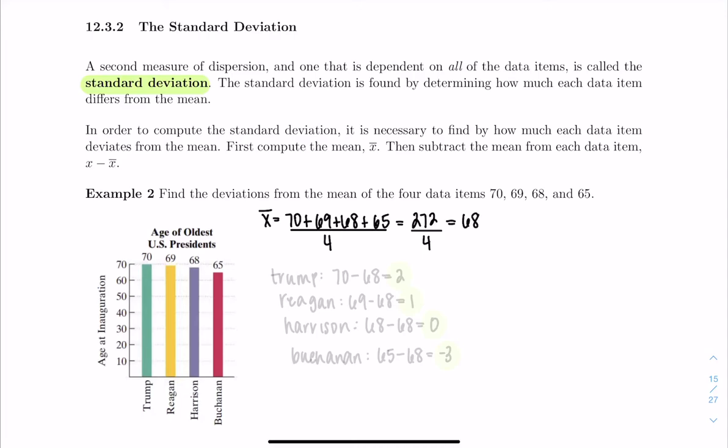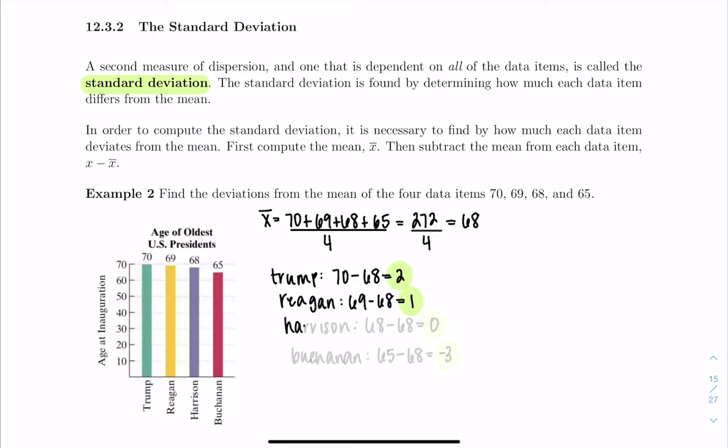Now we take each president and their value. Trump's value was 70, and we subtract the mean, which was 68, so the deviation for Trump is 2. We do the same thing with Reagan. Reagan's data value was 69 minus the mean, 68, and that gives 1.